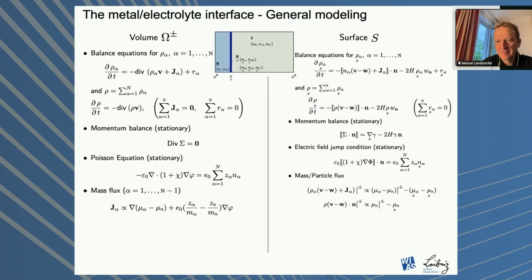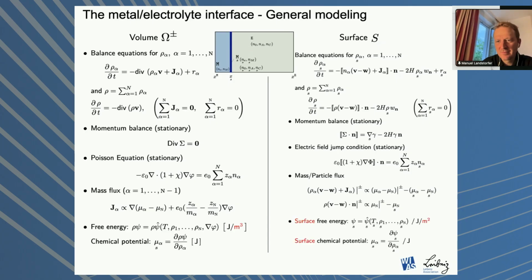Then you have also an expression for how the electric field is jumping at interfaces proportional to surface charges. And then thermodynamics in the last row tells you how mass fluxes are related to gradients of chemical potentials, and on interfaces, how the flux onto or through an interface is dependent on differences in chemical potentials.